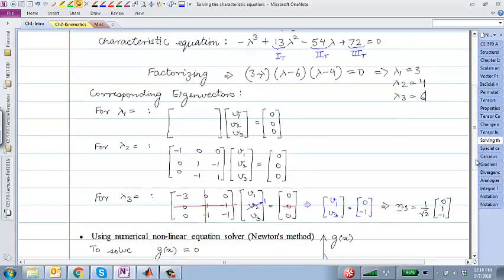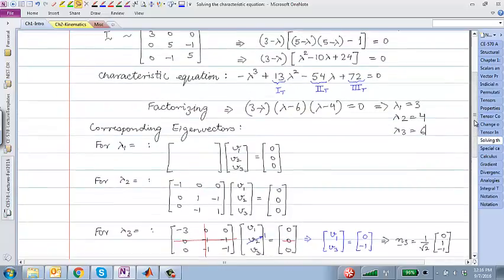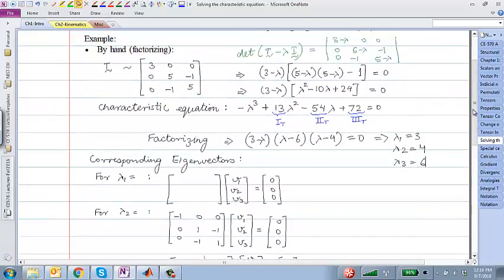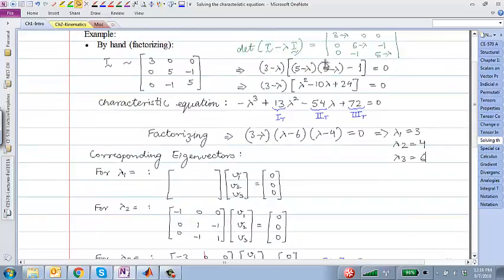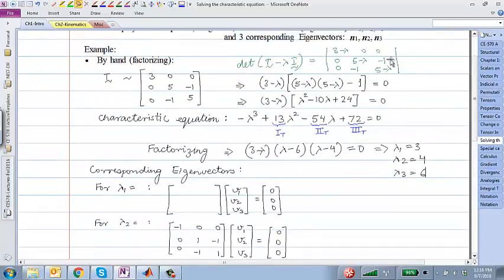So hopefully you all remember this, but the way to find eigenvectors is to basically solve an equation. Since we said that we are looking for non-trivial solutions for T minus lambda I equal to 0, we have to find non-trivial solutions for this matrix. So for lambda 1 equal to 3, if I substitute that in this matrix, I get 0, 0, 0, and 0, 2, minus 1, 0, minus 1, 2.